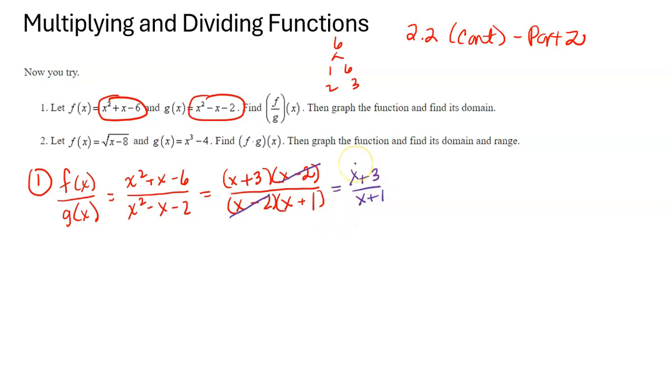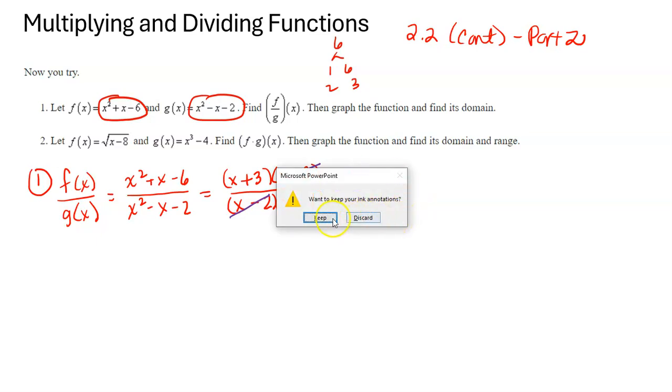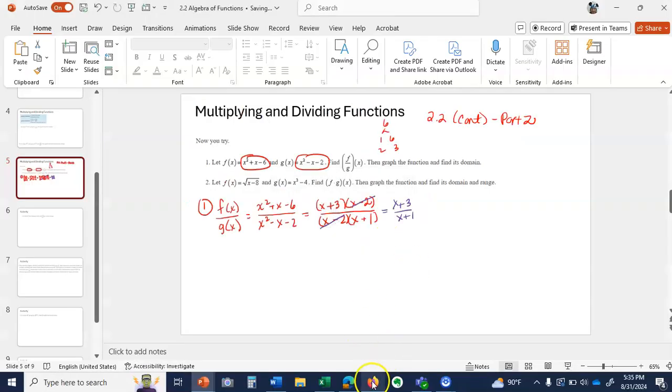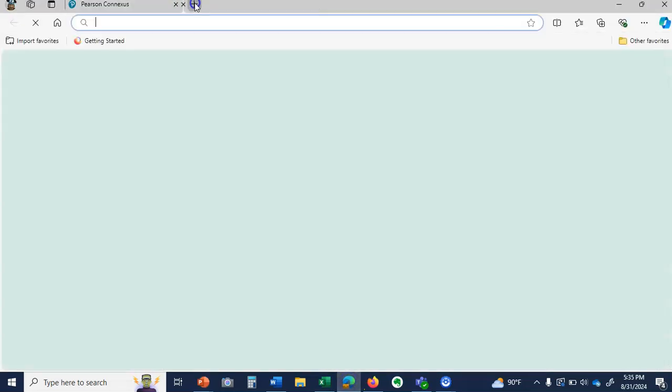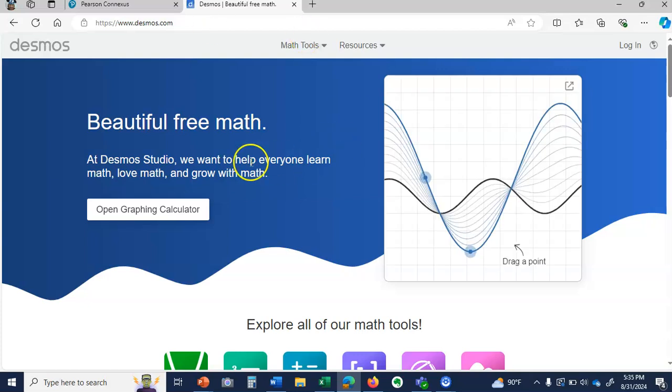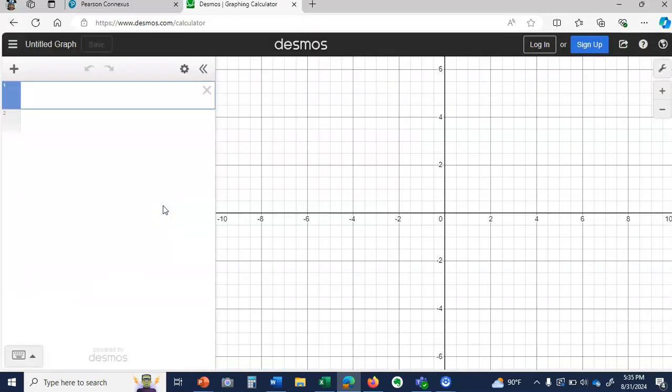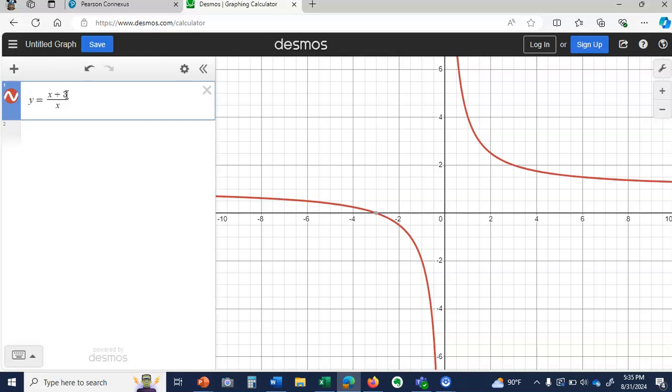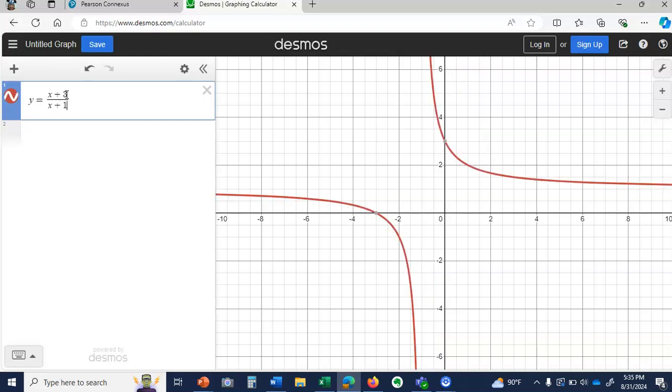So let me go ahead and graph that for you. We're going to keep that. And we'll go here. We'll go there. And we are graphing y is equal to x plus 3 over x plus 1.